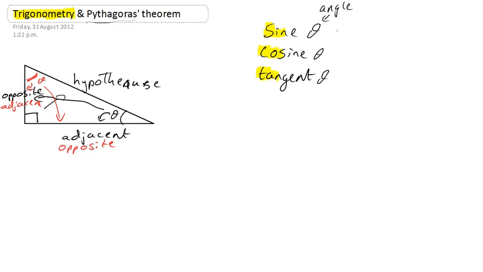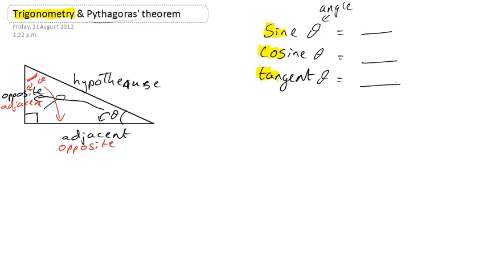Now sine, cos and tan are ratios, and by ratio I mean that they have been made to find that it doesn't matter what the angle is, for a particular angle, no matter how big my triangle is, the relationship between two sides is always constant.